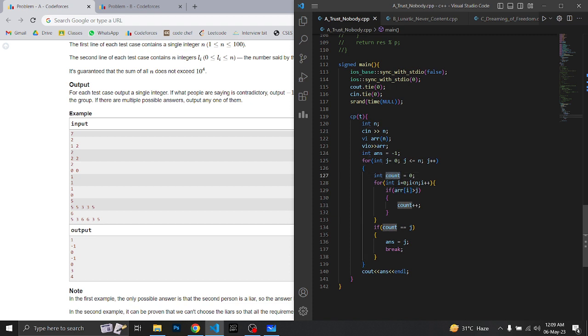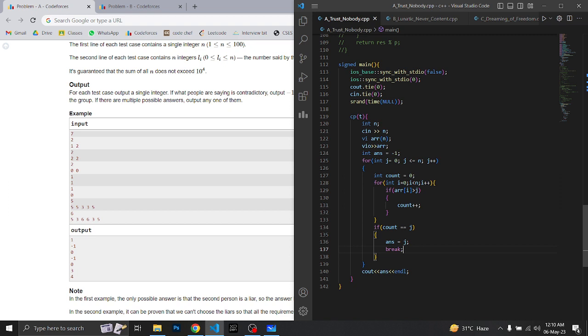We start our count from 0, and we add up all those persons who are saying that there are more people lying than our j. At last, if the number of liars equals whatever we have considered, then the condition is satisfied, and we simply store that value in our integer variable answer, and we break, and then we print the answer.